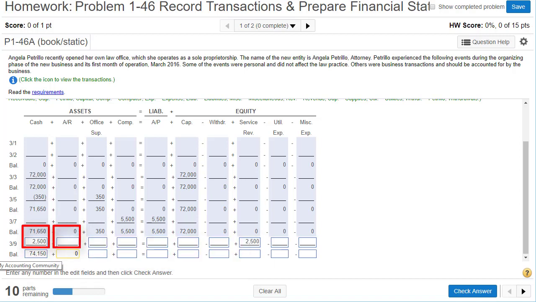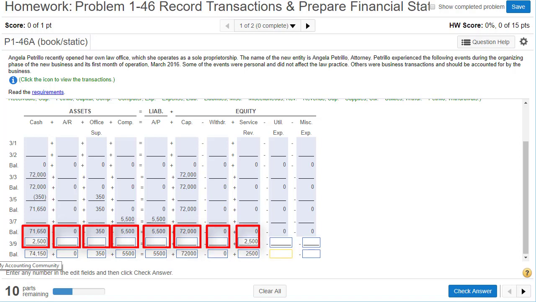We have 0 AR, $350 of office supplies, $5,500 of computers, $5,500 of accounts payable, $72,000 of capital, 0 withdrawals, $2,500 service revenue, 0 utilities expense, and 0 miscellaneous expense. Must be nice to have a company that has, so far, no expenses.